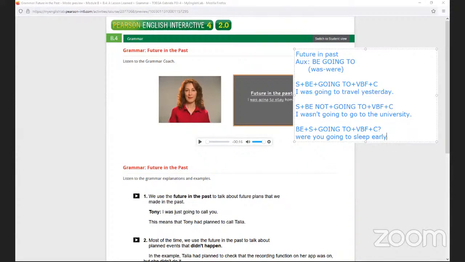As we have our questions with the verb to be in the past, we are going to answer with the verb to be in the past. For example, yes, I was, or negative, no, I wasn't. So this is the only thing. Perfect.